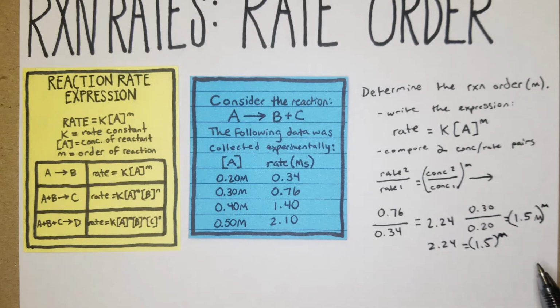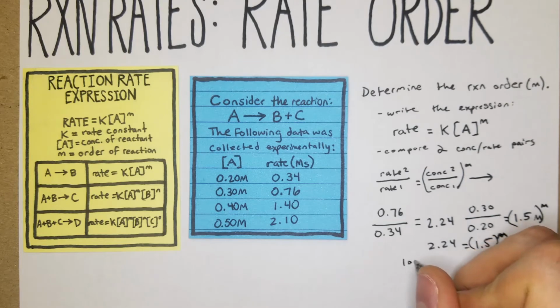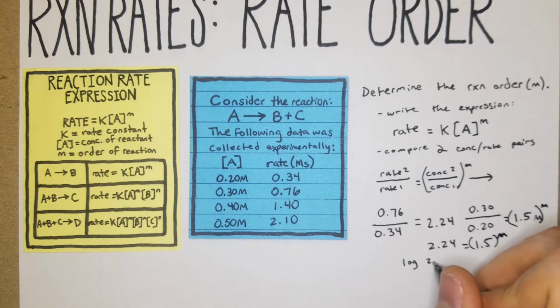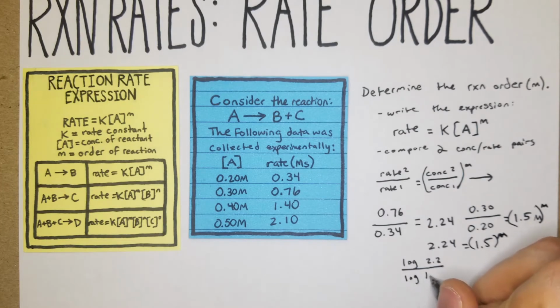If you can't figure it out just by looking at it, though a lot of times you will be able to, you just do this: M equals the log of 2.24 over the log of 1.5.